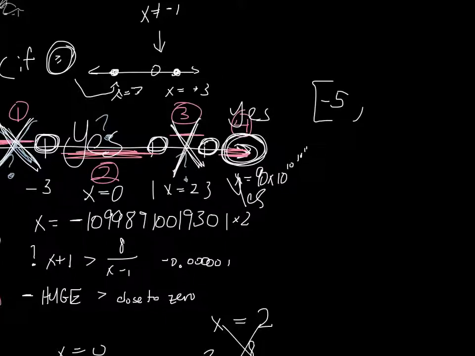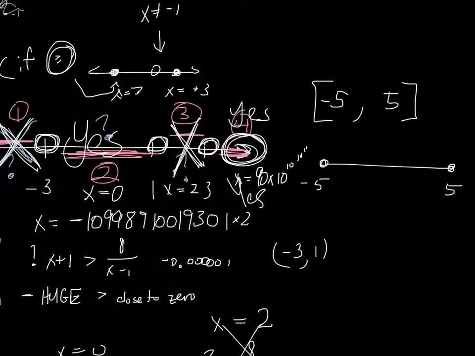So what the original question asked was to look at the interval from negative 5 to 5. Do you know this interval notation? Which parts of it are going to work? We said negative 3 to 1 works, and then 3 to 5 works.